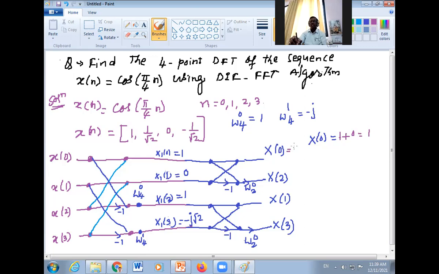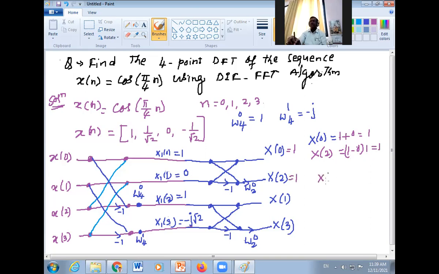So the answer is 1 for this. The next x of 2, let us perform. X of 2 is equals to 1 minus 0 multiplied with W2 to the power 0, which is 1 again. So this will be equals to 1.